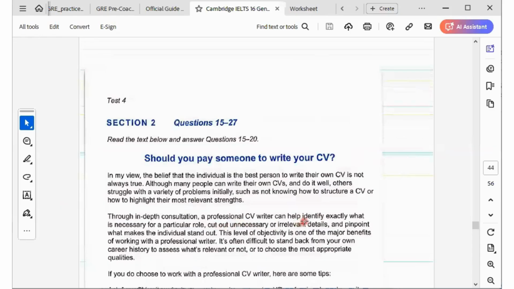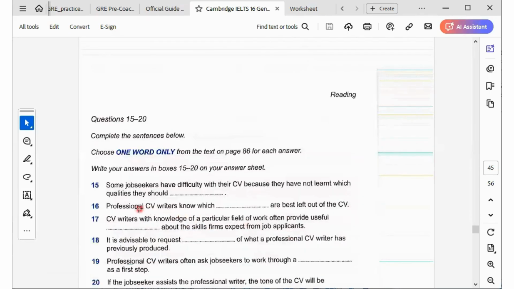So they can identify exactly what is necessary for a particular role and cut out unnecessary or irrelevant detail, and pinpoint what makes the individual stand out. So what is my word here? Professional CV writers know which detail are best left out.